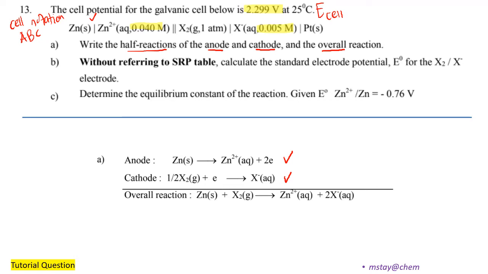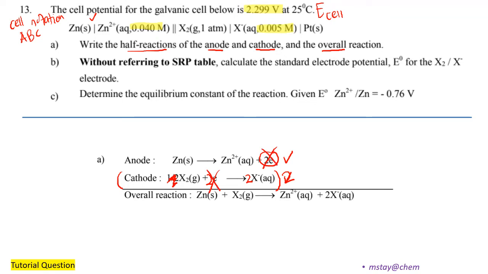However, in this equation the number of moles of electrons is not balanced. So basically, the whole half equation at the cathode, we need to times 2. So 1 times 2, 2 moles of electrons, and then it becomes 1 mole of X2 and 2 moles of X minus. Then the 2 moles of electrons can be cancelled out.